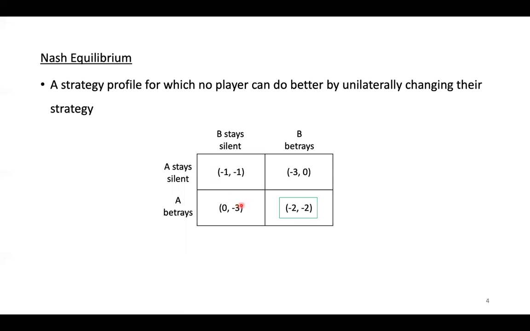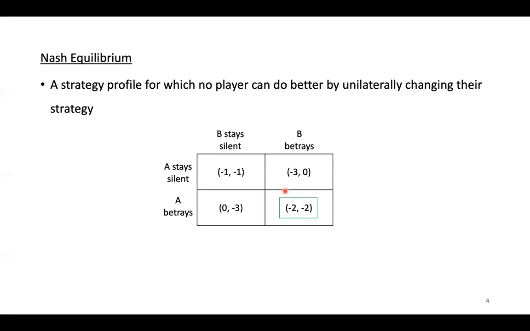In this situation, if you fix B's strategy, which is betraying, A cannot stay silent because... sorry, my mistake. If B betrays, I have to go unilaterally, right?